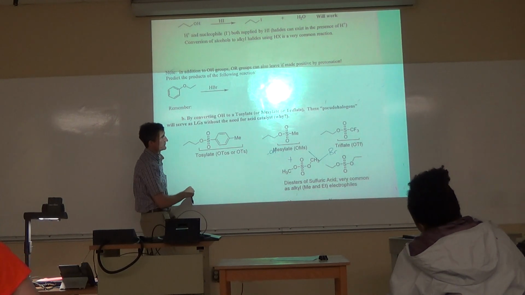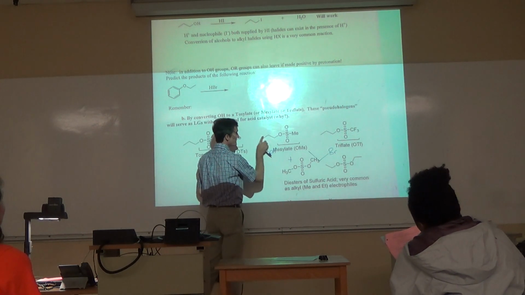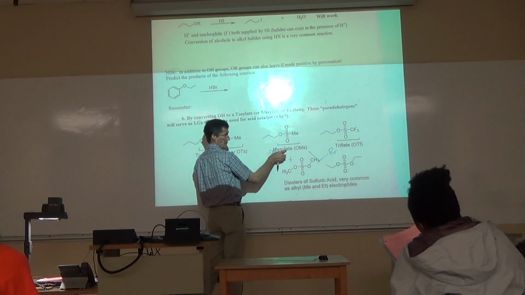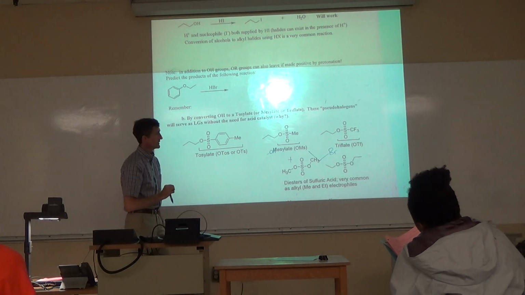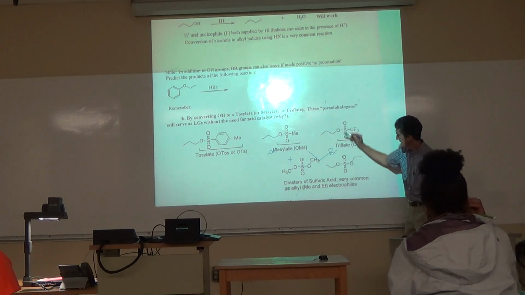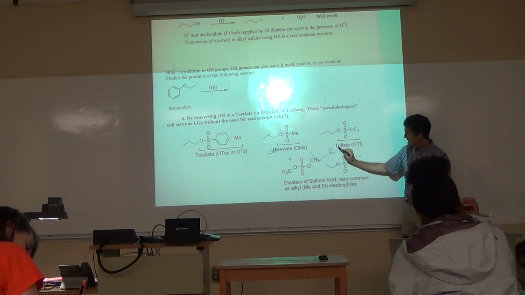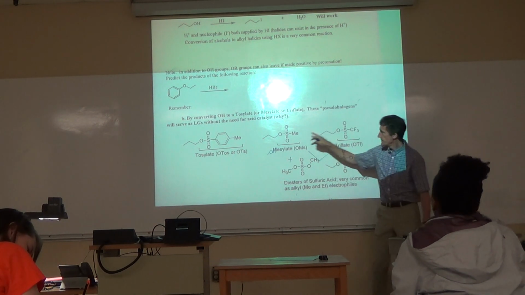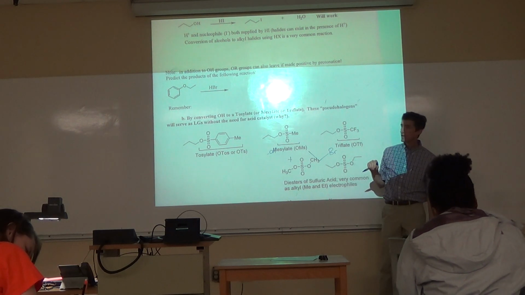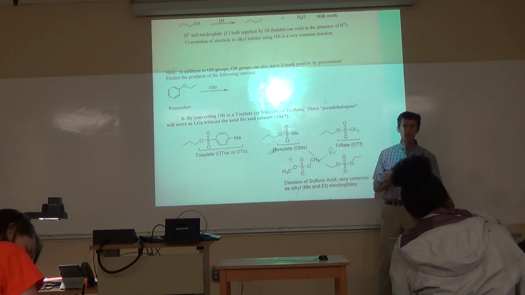Now, there are variations of this called mesylate. Mesylate is where it's just the methyl coming off, so it's methyl sulfonylate. You can also have triflate, which is a trifluoromethyl sulfonylate. There's no M there. It's just called triflate. These are more advanced. Tosylate is the most common at the introductory level.